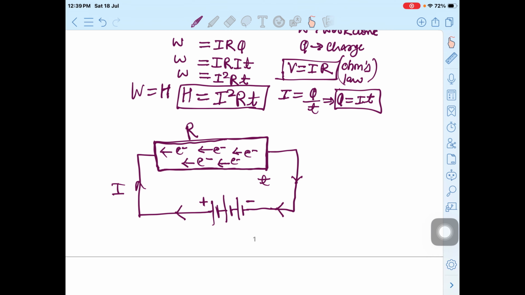On this principle, there are various electrical appliances you all must be using in your daily life. First one is the electric heater. On this same principle it works. Second is the electric kettle.